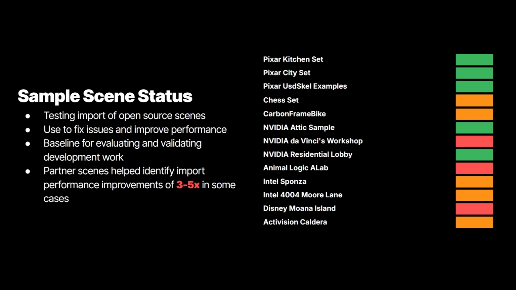But we're encouraged by these results, and the more scenes that we can test, the better we can make this. So if you have your own results or even your own data sets that you're able to share with us, we would love to work with you and see those. And again, because USD Stage Actor is based on import, any improvements we make to performance on the import side would indirectly improve USD Stage Actor workflows as well.